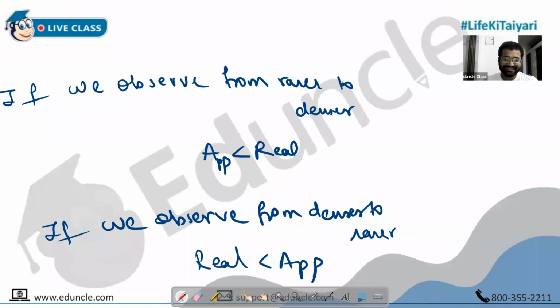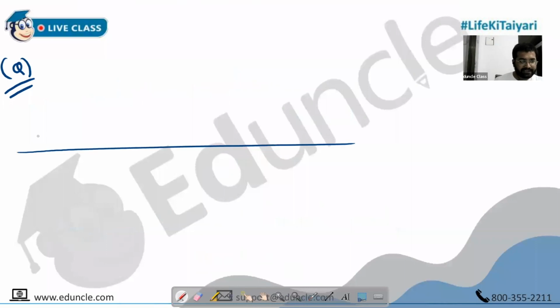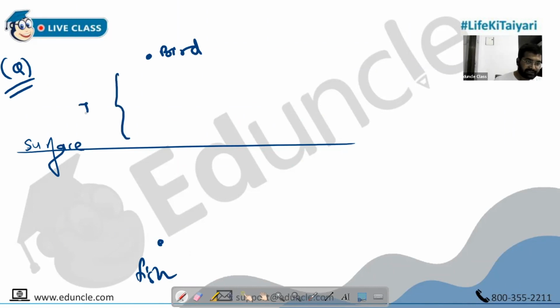Okay, let's take a question where I think you will understand this concept nicely. So they have given us a surface. There is a fish here. There is a bird here. The distance between bird and surface is 72. Surface and fish is 36.